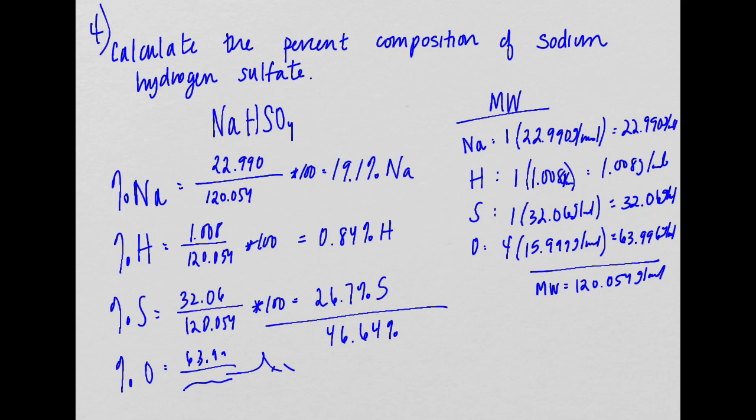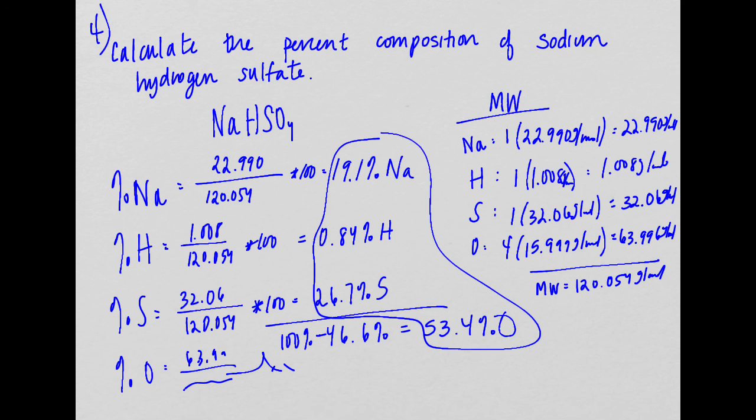But here we're using significant figures, so we get 46.6% total. So when we take 100% minus 46.6, we find that the percent composition of oxygen is 53.4% of oxygen. So here is our percent composition of sodium hydrogen sulfate.